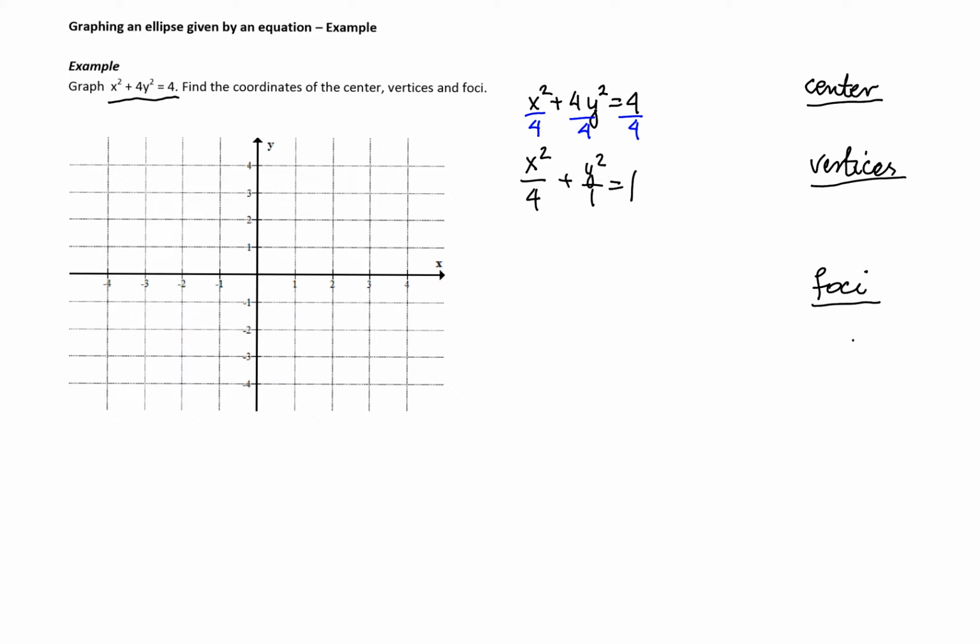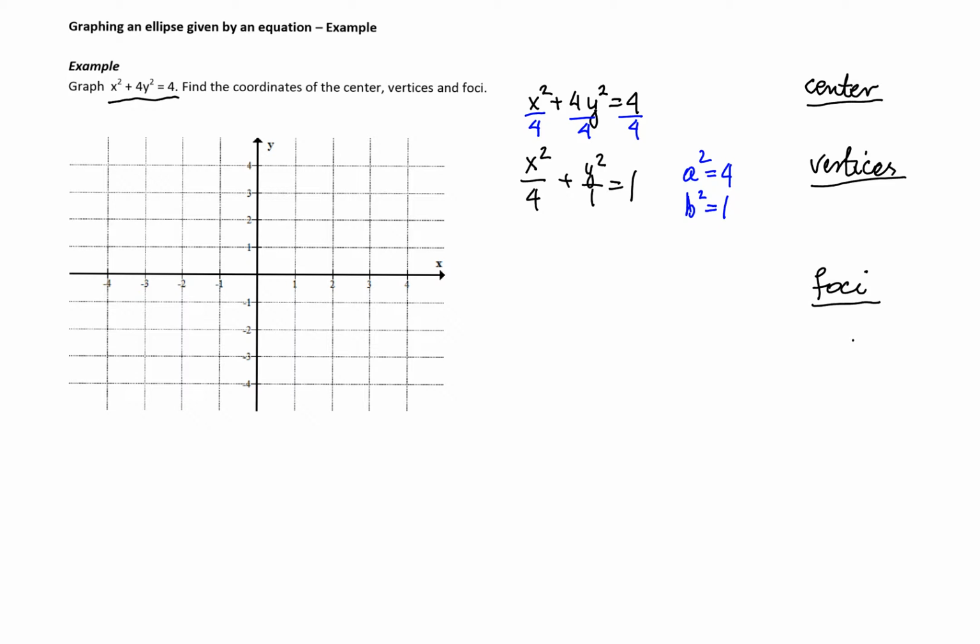Since a is greater than b, a squared is greater than b squared, therefore we can say, just looking at the equation, that a squared has to be 4 and b squared has to be 1.